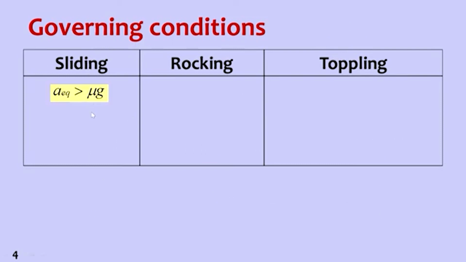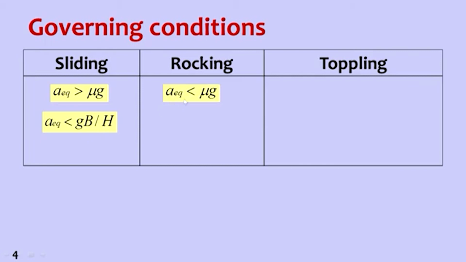For sliding there are two necessary conditions. One is that the peak acceleration should be greater than the frictional resistance times gravity, the acceleration due to gravity, and at the same time this acceleration should be less than gravity times aspect ratio. B by h is the aspect ratio. Then sliding takes place.